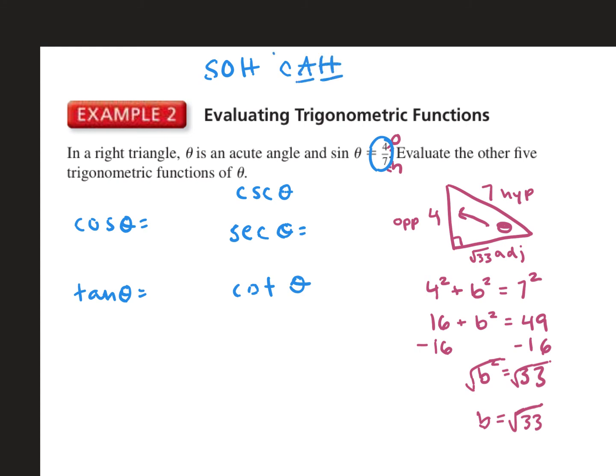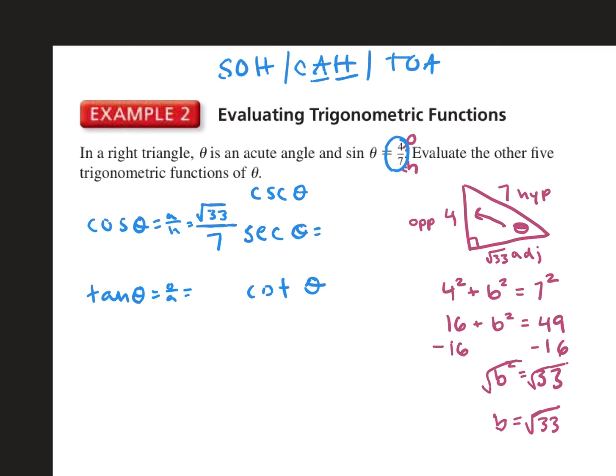So what's our adjacent? Square root 33. And then our hypotenuse is? 7. What's our tangent? Opposite over adjacent. What's our opposite? 4 over square root 33.